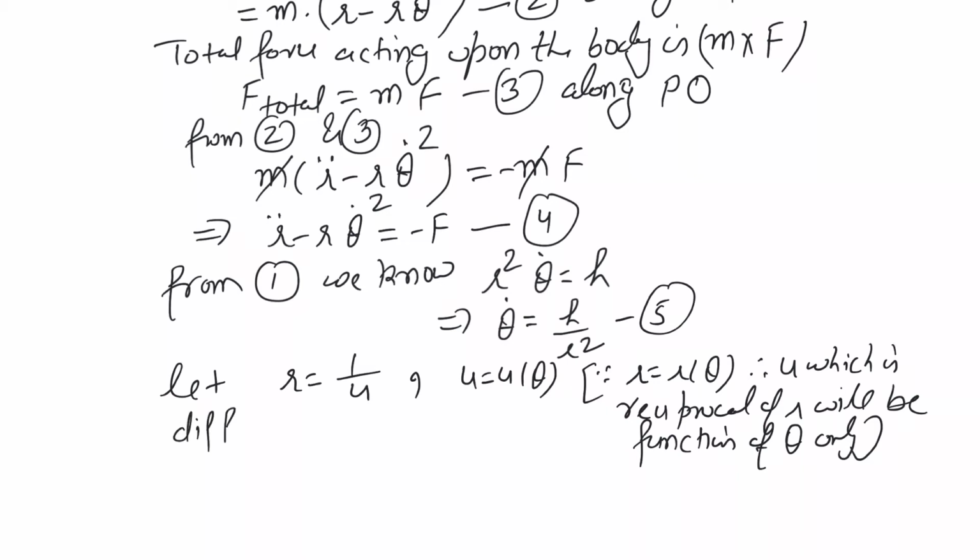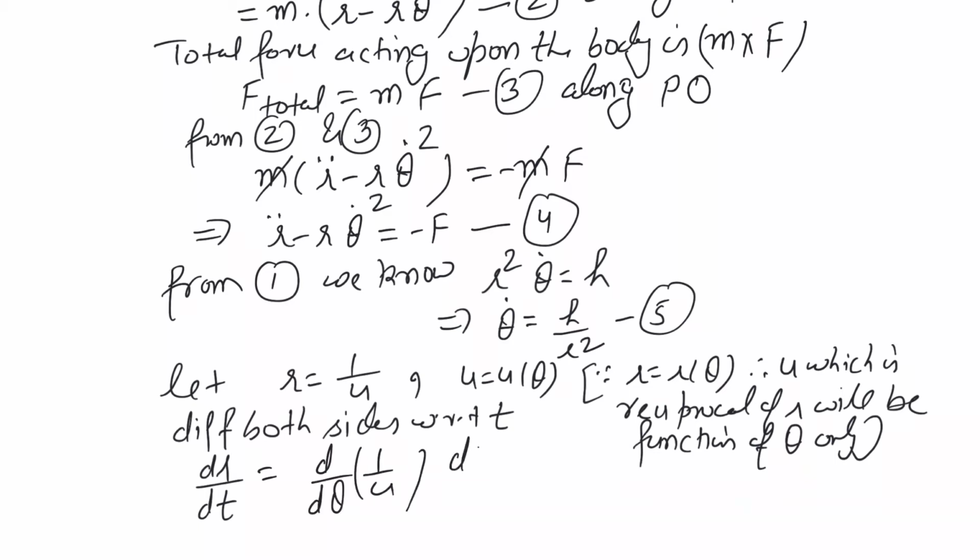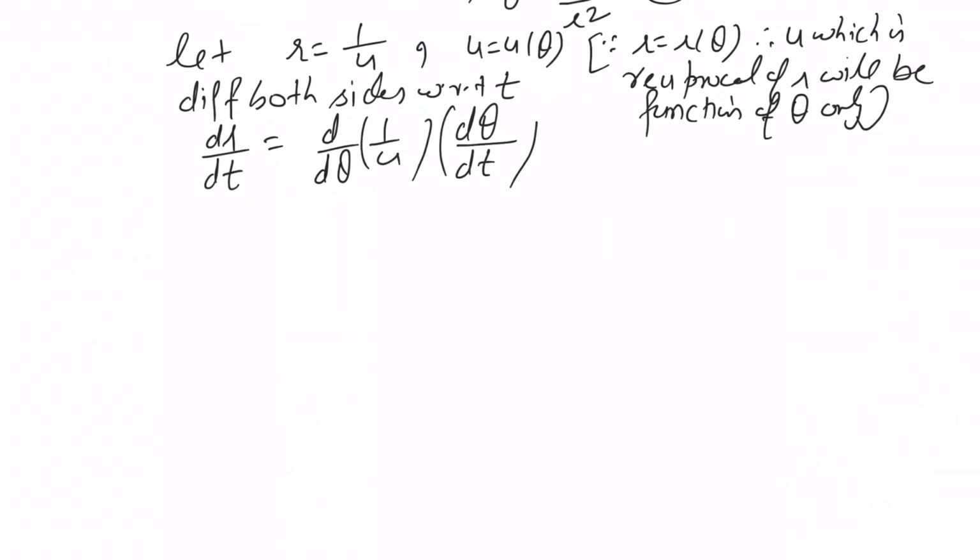Differentiating both sides with respect to t, dr by dt. Here composition will be used because u is a function of theta, so firstly we will be differentiating it with respect to theta, and then theta will be differentiated with respect to t. So this is how we will use the composition.